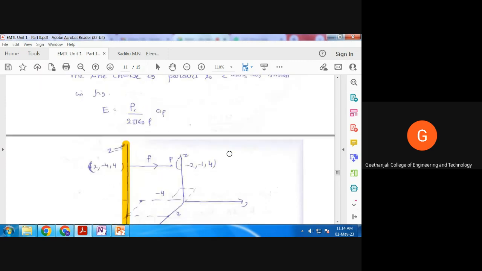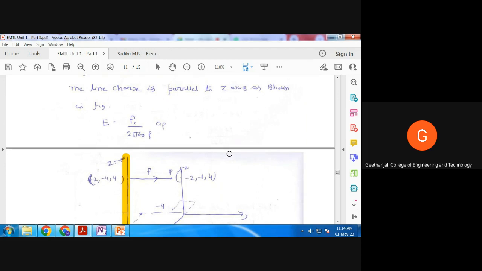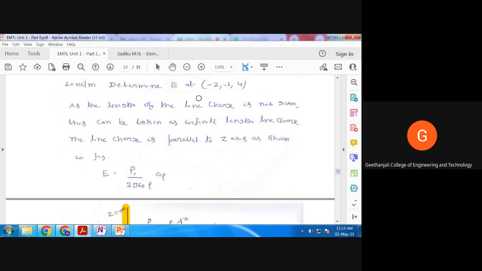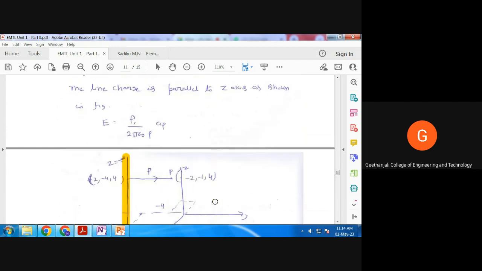Once it is an infinite length line charge, what is the expression for the electric field intensity? Rho L by 2 pi epsilon naught rho A rho. What is rho? The perpendicular distance from point P onto this line charge. That point has coordinates minus 2, minus 1 and 4.